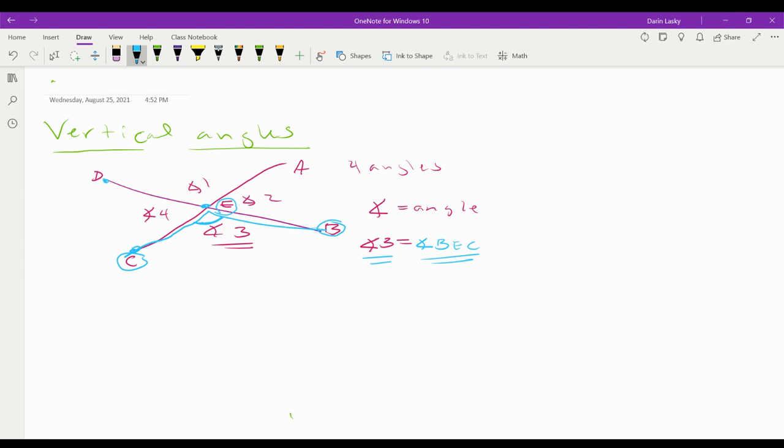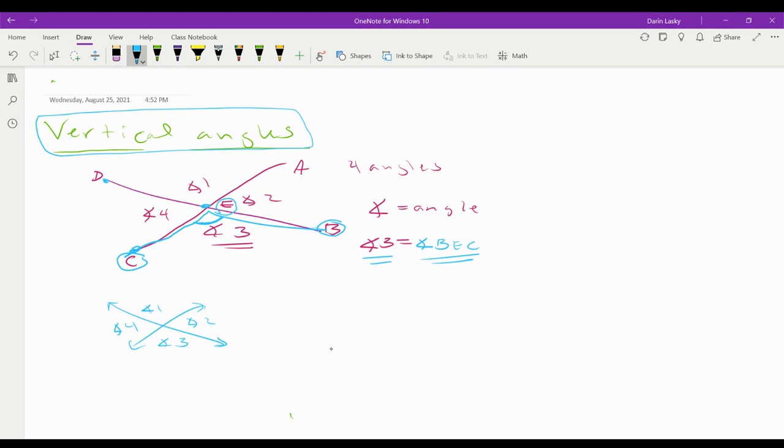Okay, so what do they mean by vertical angles? Well, now that we got the labeling out of the way, let's draw another picture. I'll draw it real quick because I'm not good at it. We'll call this angle 1, angle 2, angle 3, and angle 4.